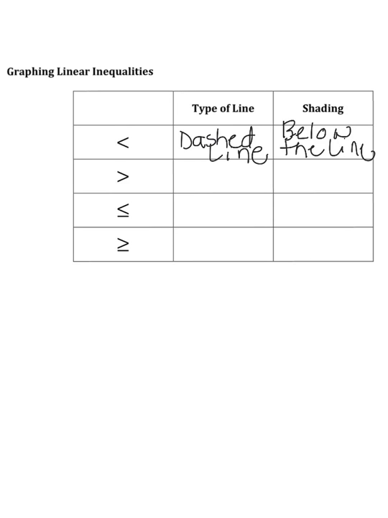The greater than symbol is also a dashed line. I'm putting these quotation marks, which means repeat what was stated above: dashed line. And the shading is above the line because it's greater than.